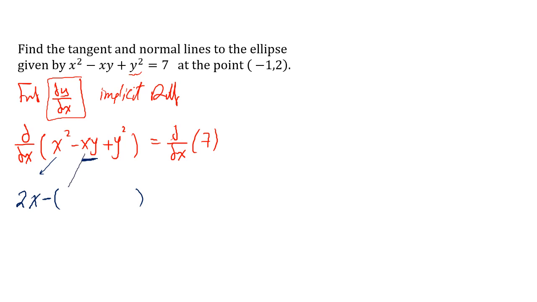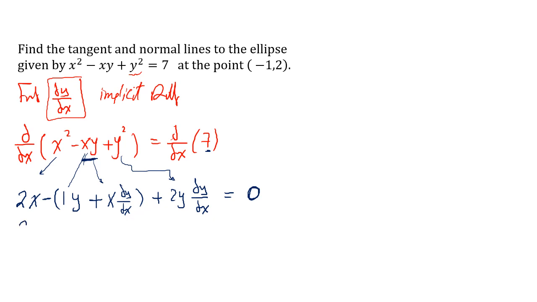So derivative of first, which is 1, multiplied by the second, plus derivative of the second, which is dy by dx, multiplied by the first, which is x, plus derivative of y squared is 2y dy by dx, since y is not a function in itself. So the derivative of any constant is 0.